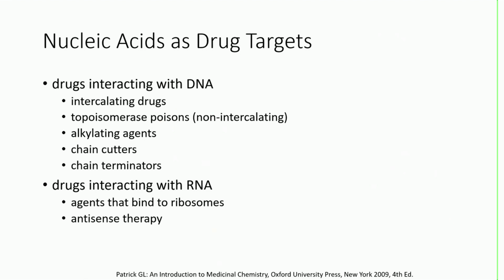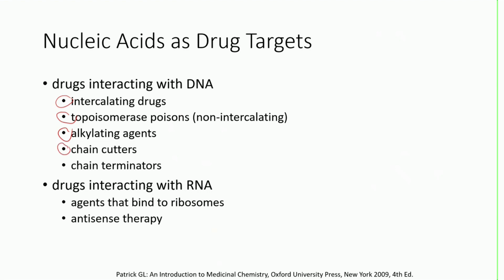So the nucleic acids can be target of some drugs. I have already mentioned some alkylating agents, but there are also intercalating drugs creating non-covalent bonds with DNA. There are the topoisomerase inhibitors, or so-called poisons.